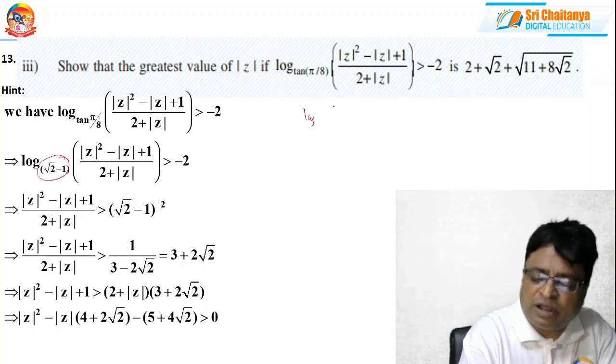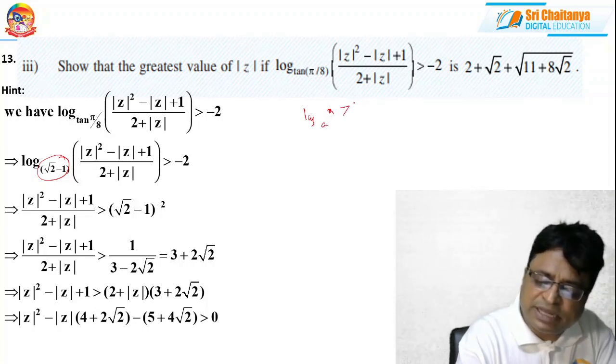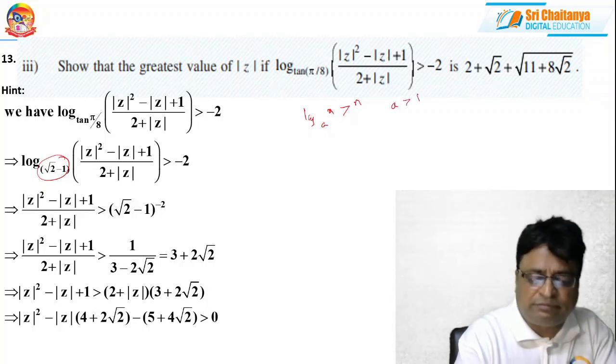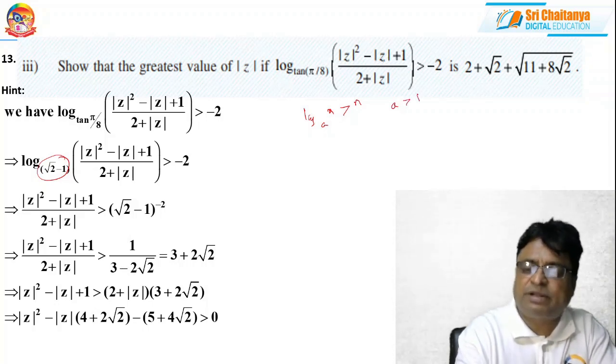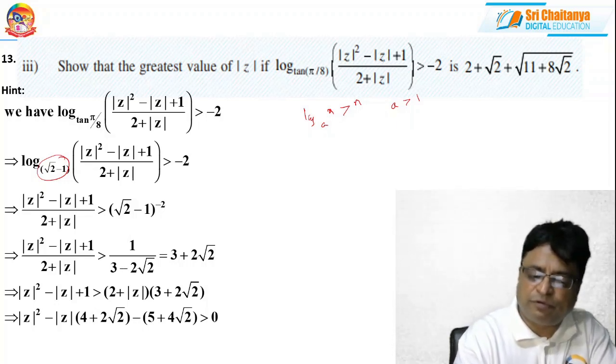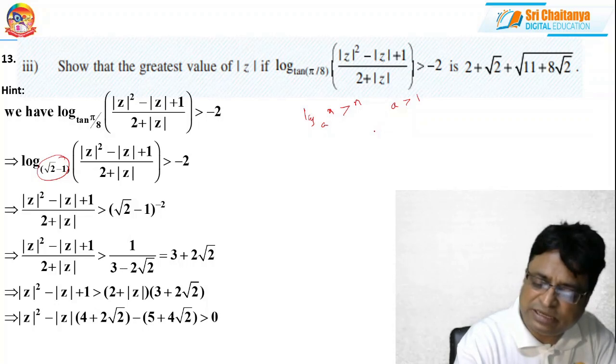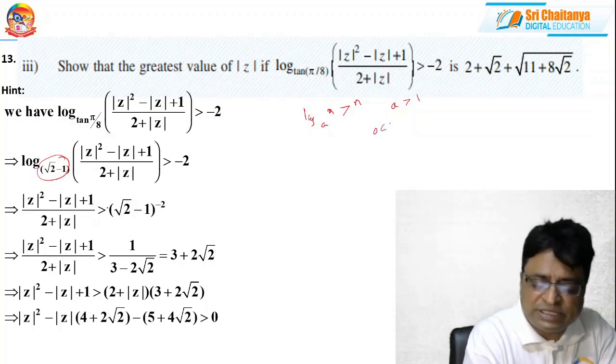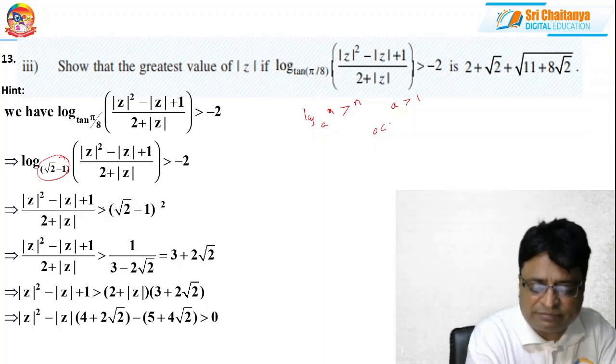So, whenever log x base a is greater than something, where a is greater than 1, because root 2 is what? 1.414. Where a lies between 0 and 1, then this becomes less than something.